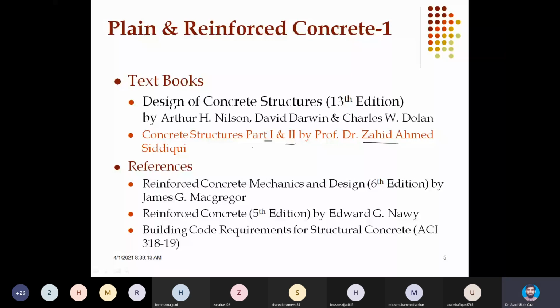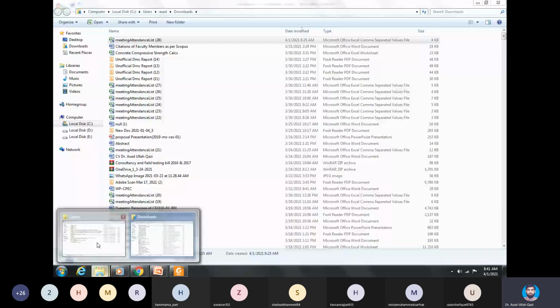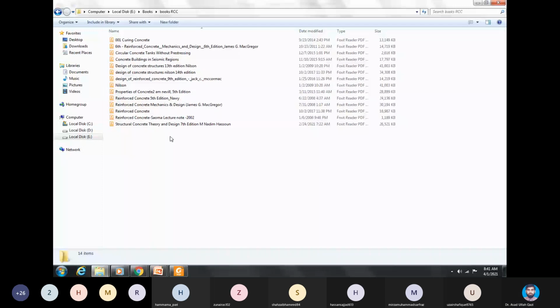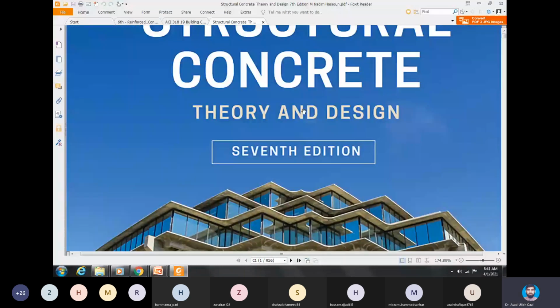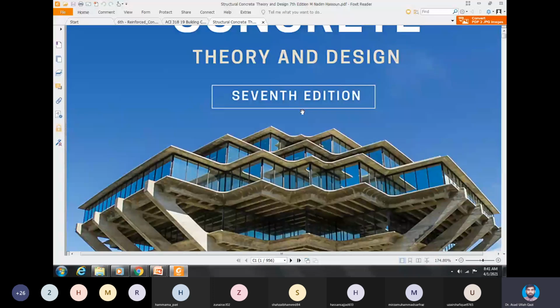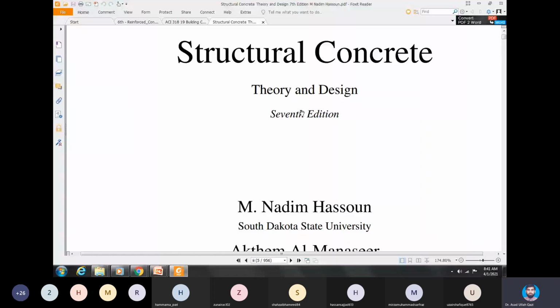There is one other book on the same topic, Reinforced Concrete, 7th edition, Theory and Design, Structural Concrete Theory and Design, and the author is Muhammad Nadeem.